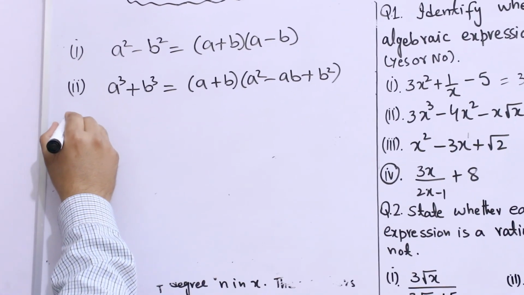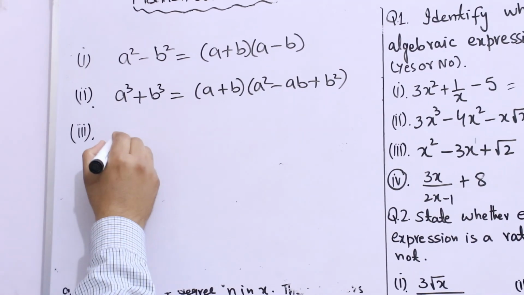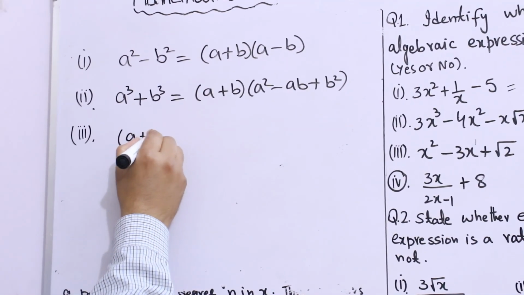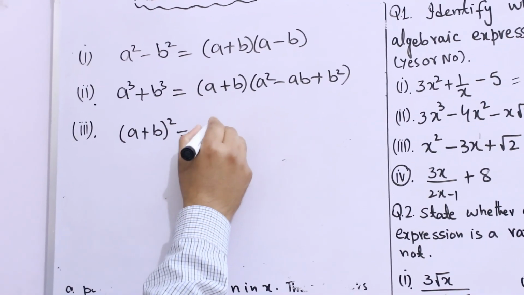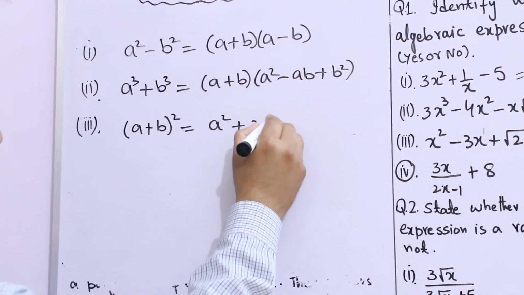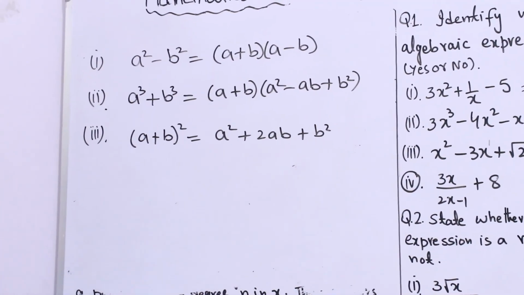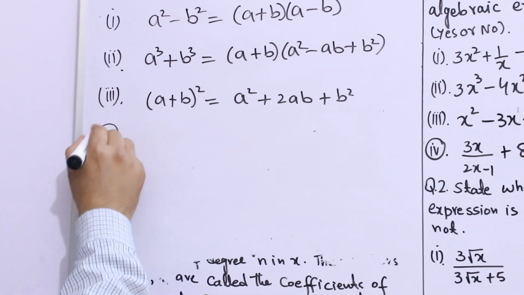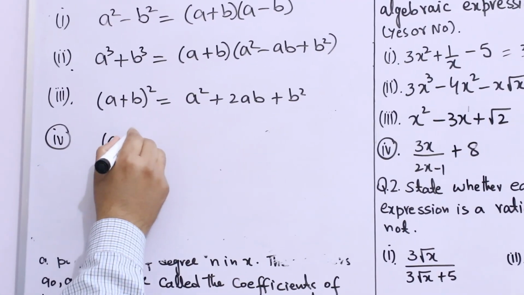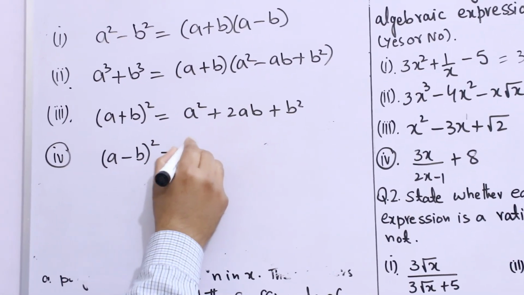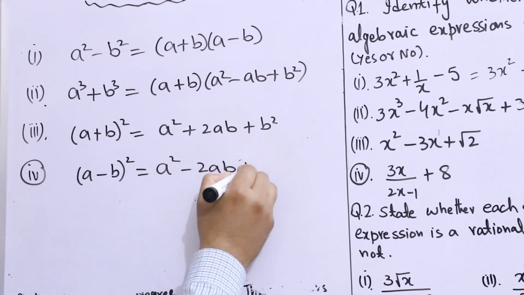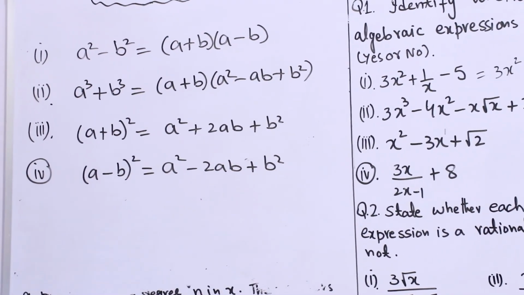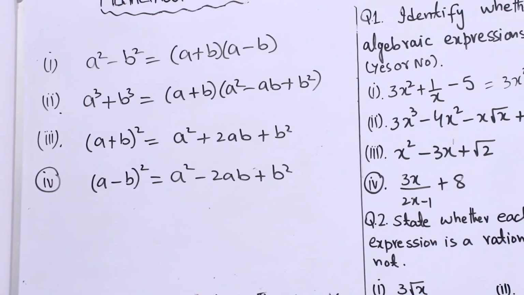Third, we will use in this lecture, a plus b whole square is equal to a square plus 2ab plus b square. Fourth, a minus b whole square is equal to a square minus 2ab plus b square. So you have to remember these formulas.